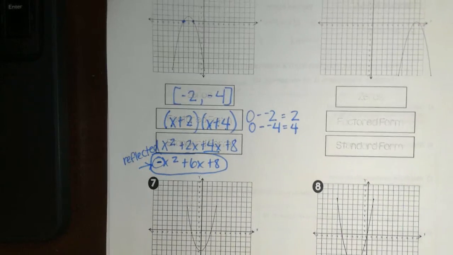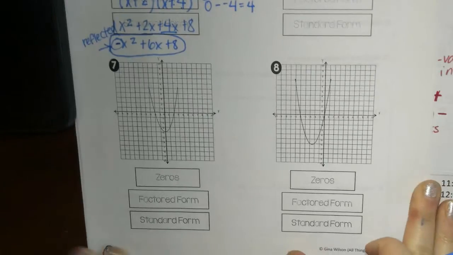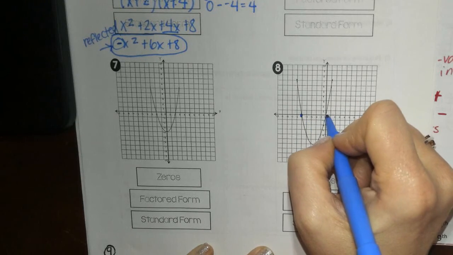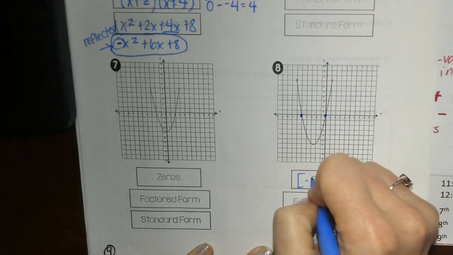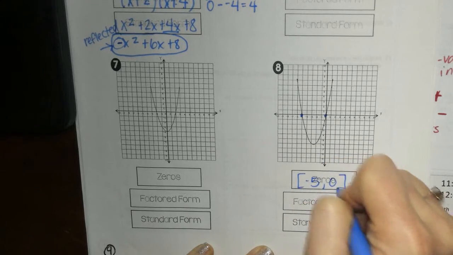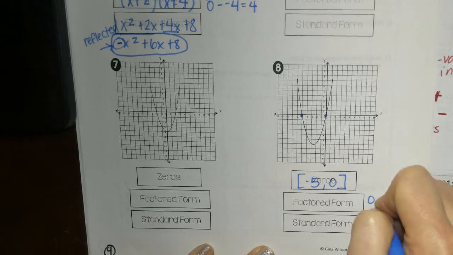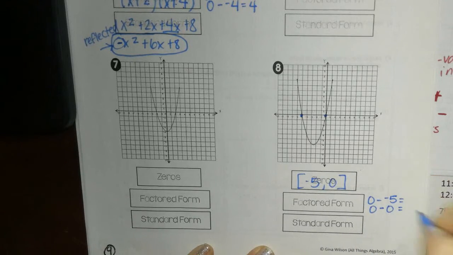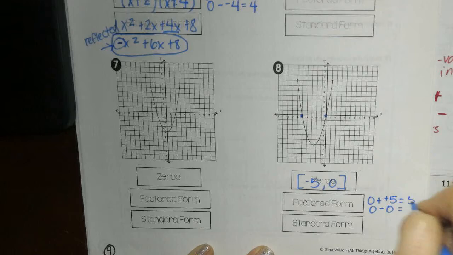Let's move on down to number 8. How many zeros? We have 2. We have one at -5 and one at 0. So 0 minus -5 and 0 minus 0. That's going to be a positive 5, and this is going to be a 0.